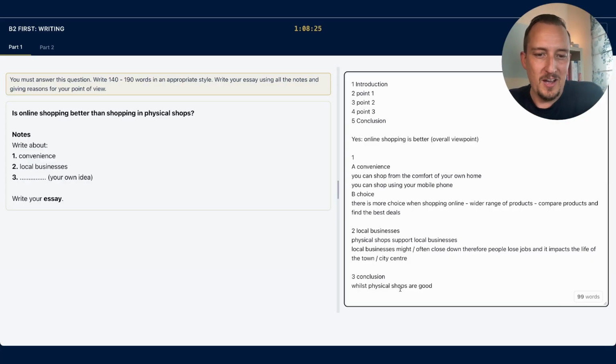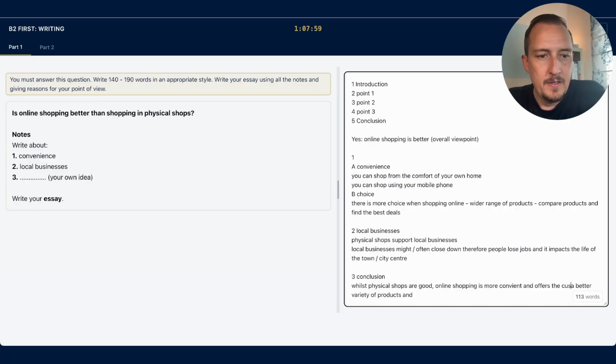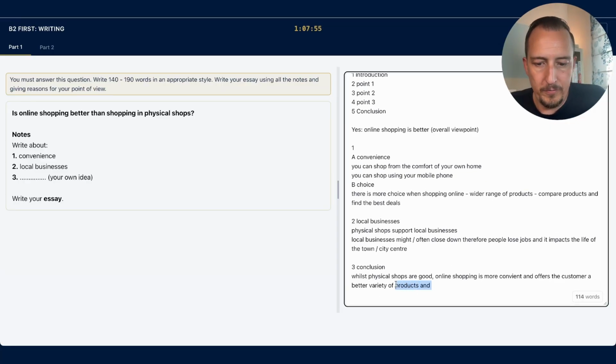Whilst physical shops are good, online shopping is more convenient, and offers the customer a better variety of products. Yeah, let's keep it like that.